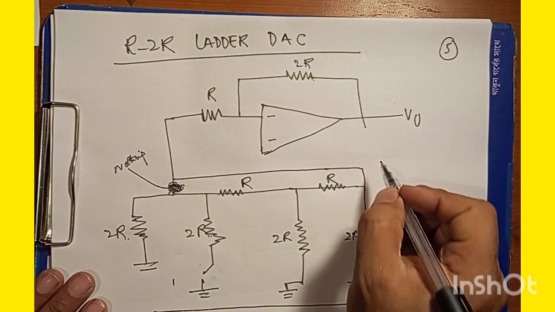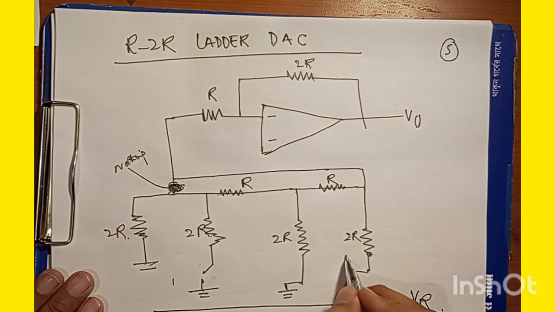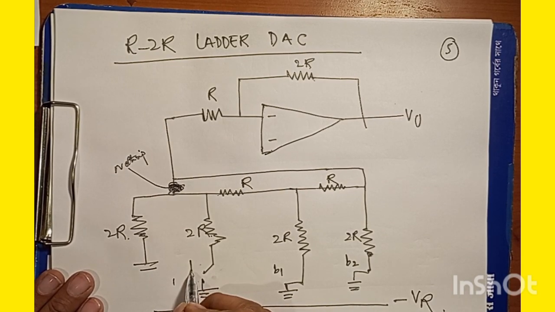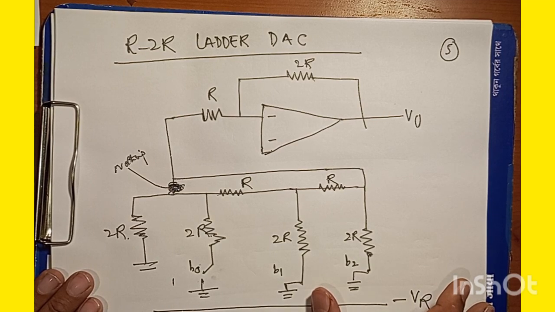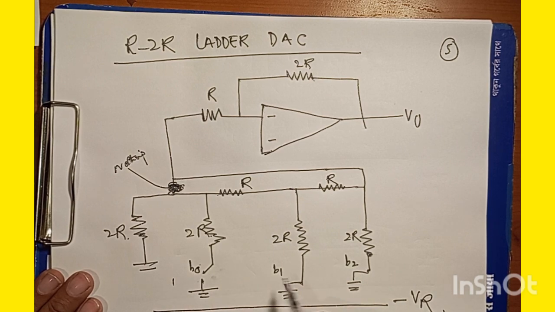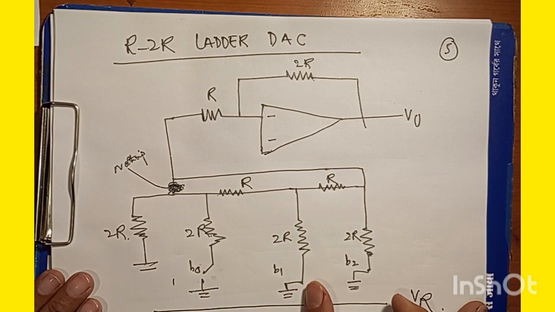Here B2 is the MSB, the most significant bit, and B0 is the LSB, the least significant bit.